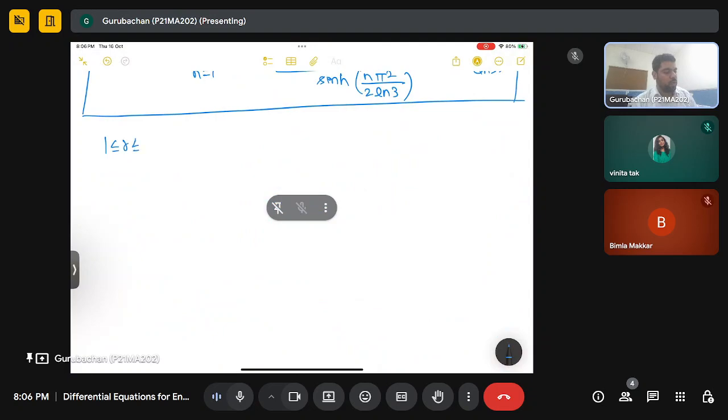For r lying between 1 and 3, and θ lying between 0 and π/2, this is the required solution of the given PDE.